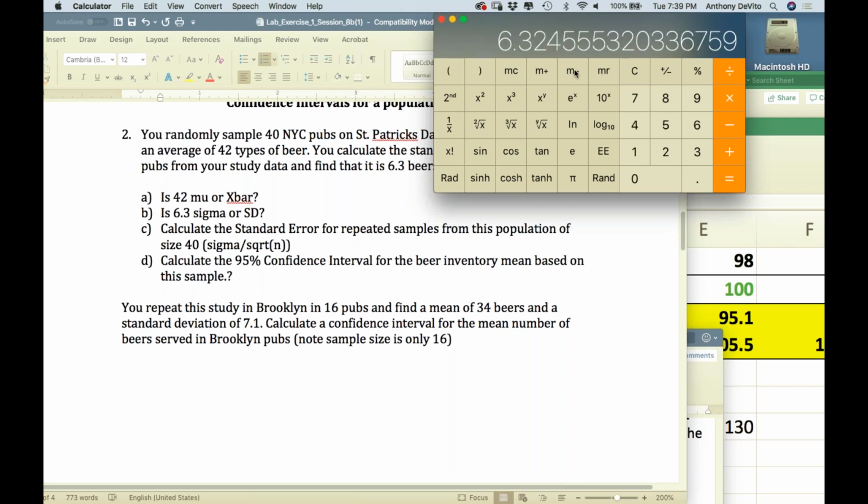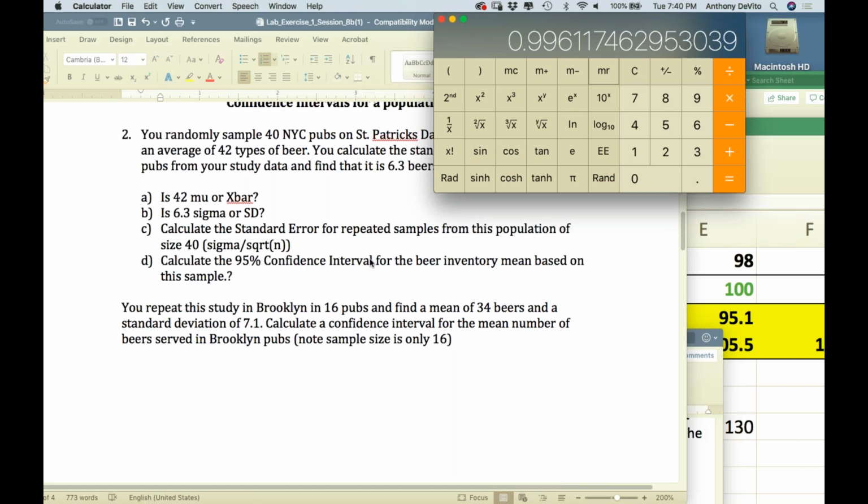I'm going to put it into memory, clear it, and I'm going to say 40 divided by, oops, I got that wrong. What am I going to say? 6.3 divided by that, equals. Okay, I got a standard error of 1. You guys get the same thing? Okay, good.